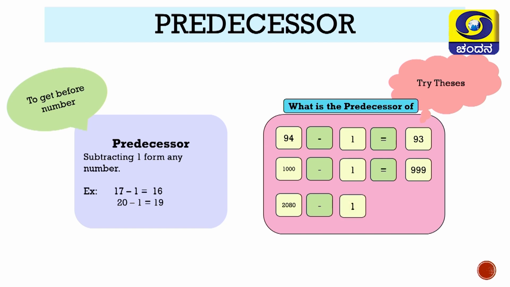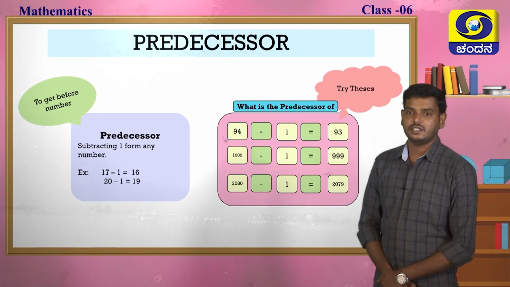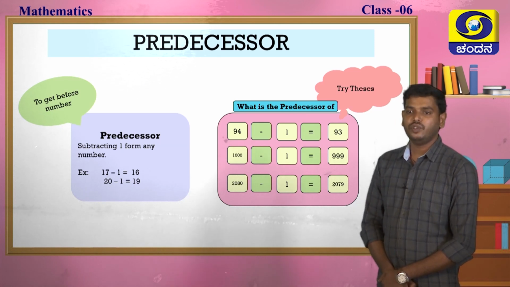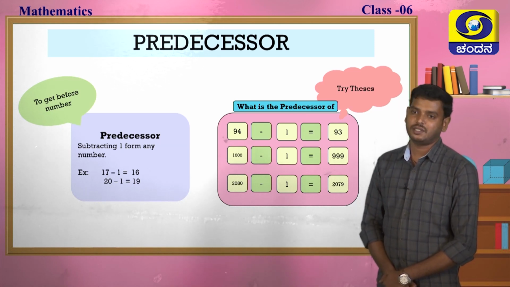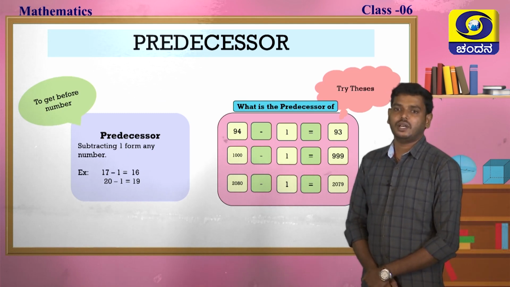Why? Because we need to find the predecessor. So, the predecessor of 2080 will give you 2079. Got it, children? See, we have learned successor and predecessor. If you want, you can take some more examples and try. Understood, children? Yes. Next, we will move to another slide now.